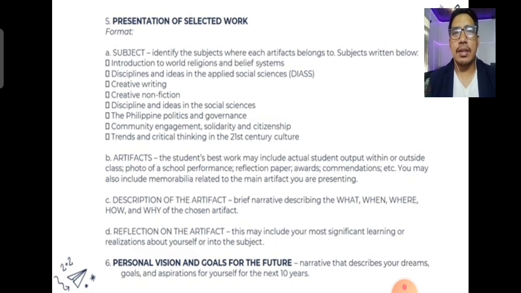Sir, paano po pag nawala na po yung mga evidences namin? Hindi po kami nakapagtabi. O kaya yung mga teacher po namin hindi po naibalik. Okay. So, ganito gagawin natin. Kung talagang hindi na natin marirecover yung mga evidences na yon, as your teacher in this subject, ganito na lang gagawin ko.